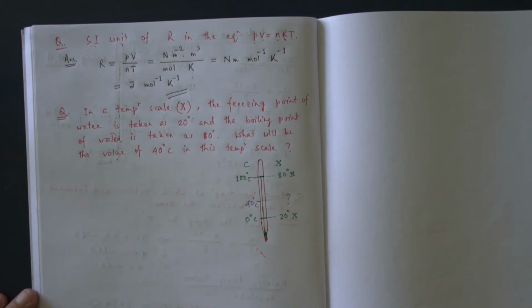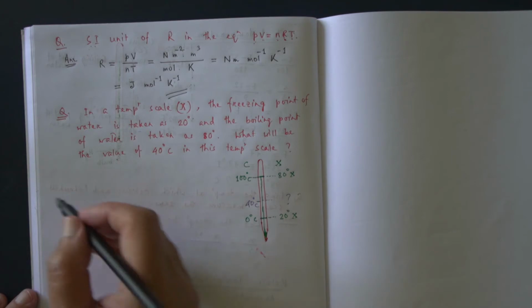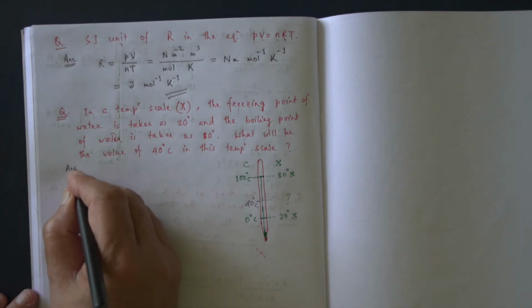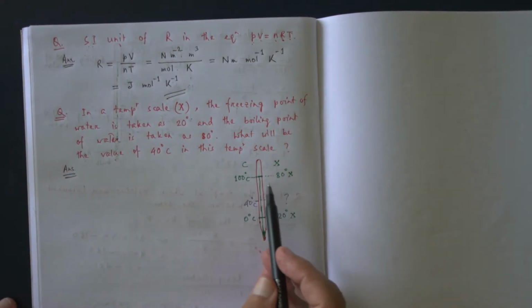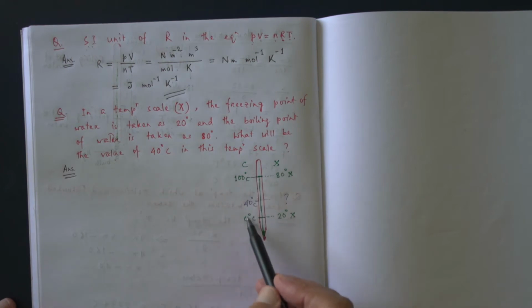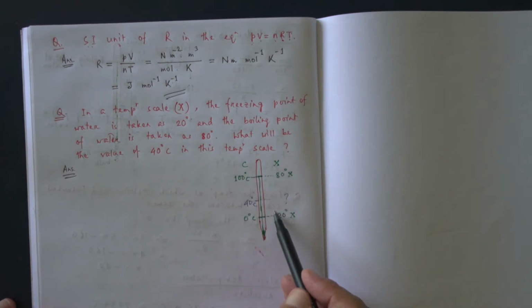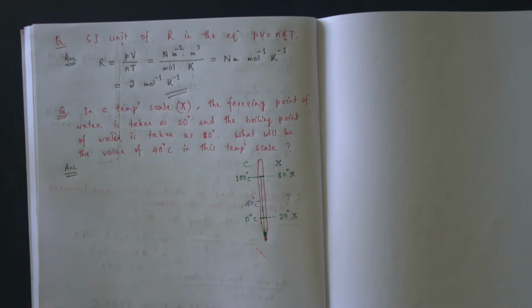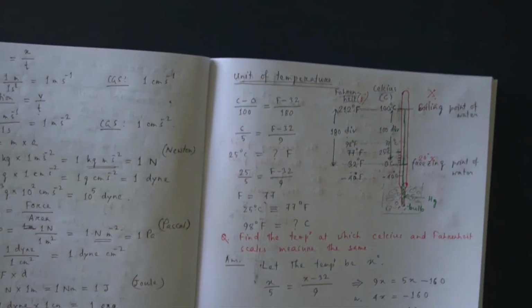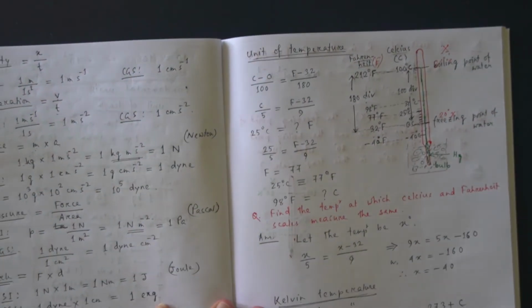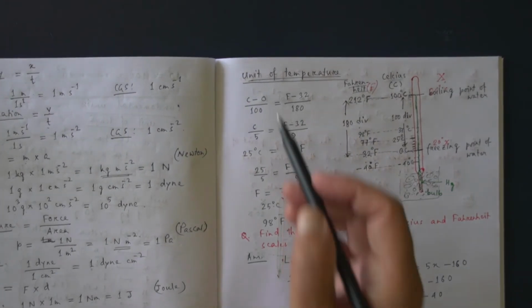So first you have to write the relation between Celsius and X. আমি Celsius and Fahrenheit তাত আমি ৰিলেশ্যনটো কেনেকৈ লিখিছিলোঁ?